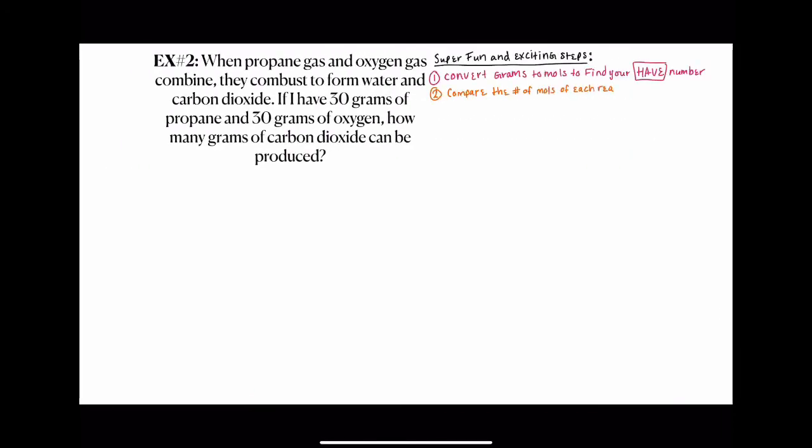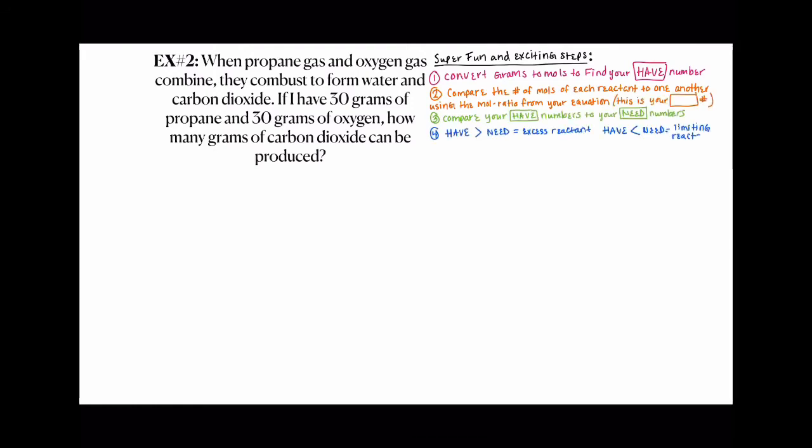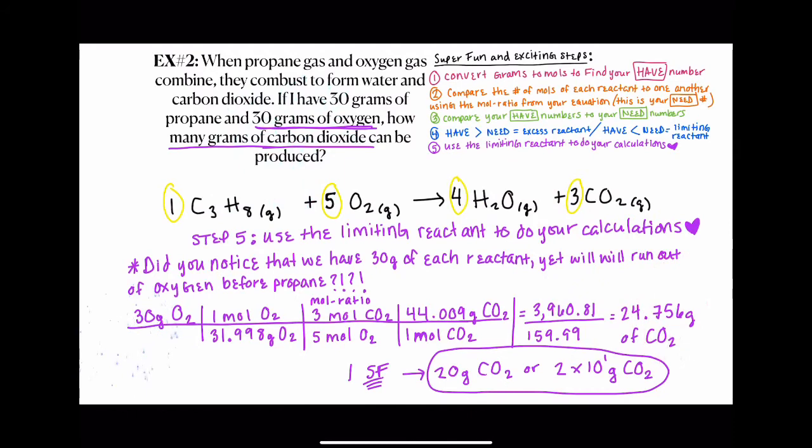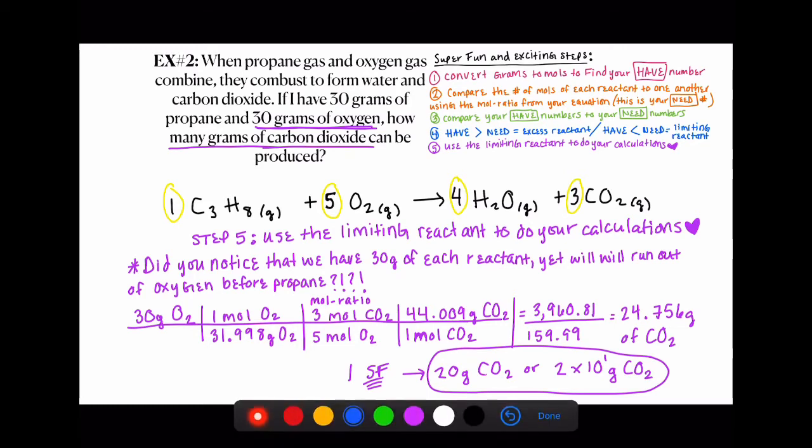Okay, last step. Now that I know oxygen is going to be my limiting reactant, I'm going to use that number to solve this problem because it's asking me how many grams of carbon dioxide can be produced. So I'm going to use the number 30 grams of oxygen and solve this problem just like I did last week. You can see I put my mole ratio right in the middle.